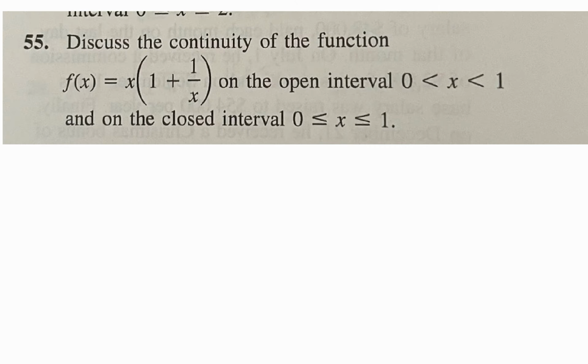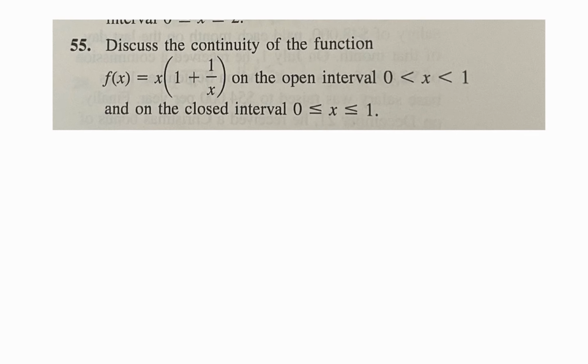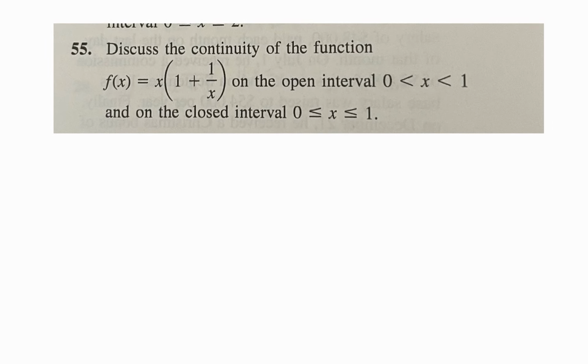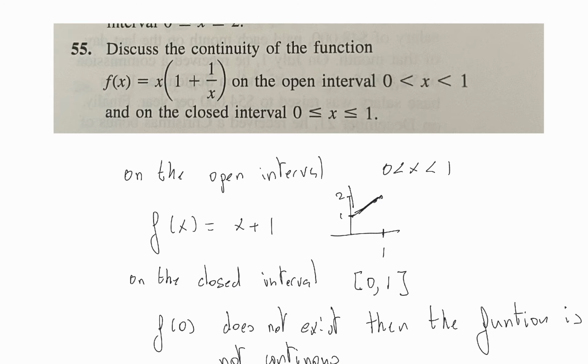Okay, let me see. There are more problems. Now discuss the continuity of this function: x multiplied by 1 plus 1 divided by x, on the open interval 0, 1, and on the closed interval 0, 1. Well, on the open interval 0, 1, the value of the function is no problem.